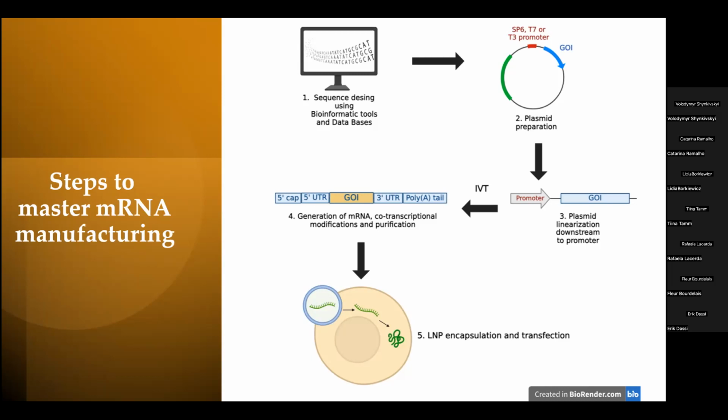So if we are doing mRNA manufacturing on a small scale, there are also lipid nanoparticles commercially available that we can use to encapsulate our mRNA and transfect the cells.